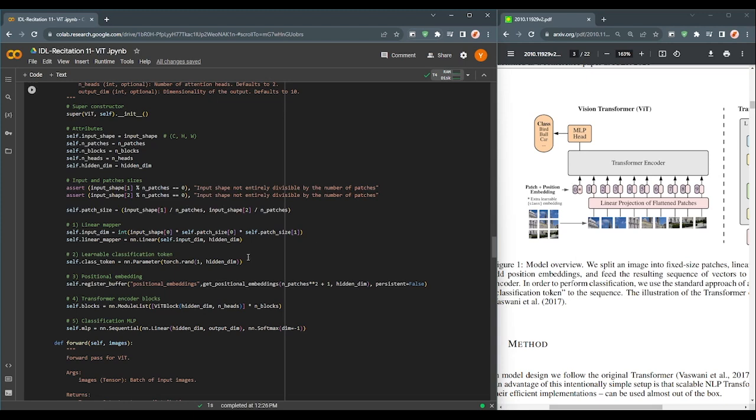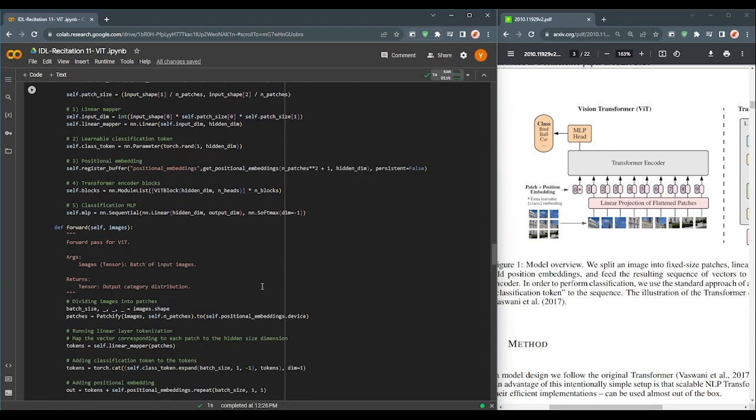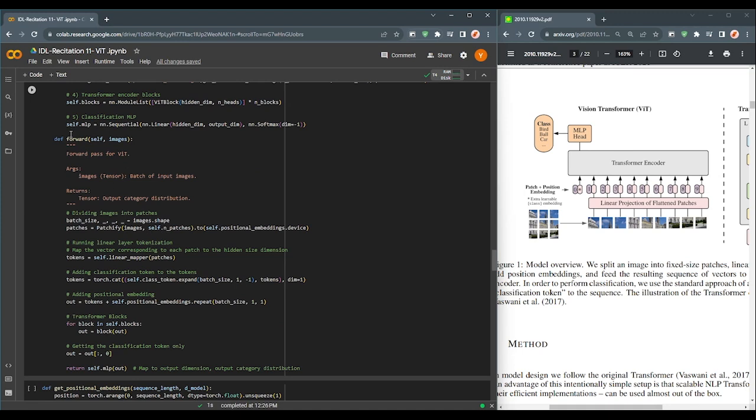We will initialize it as a random value first and add it, and we will add the positional embedding, and then go to the transformer block, and then finally the multi-layer perceptron, which will be used for the classification of the model.